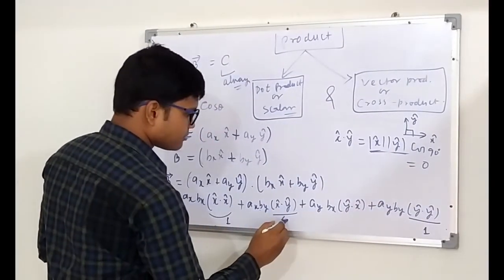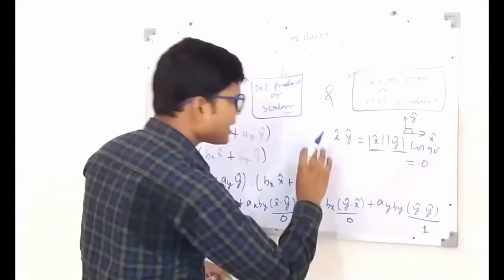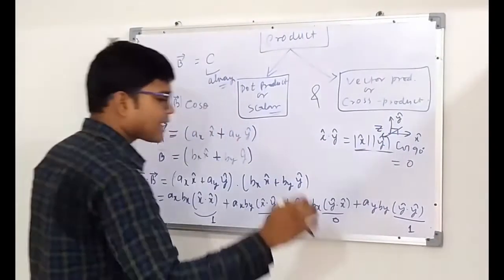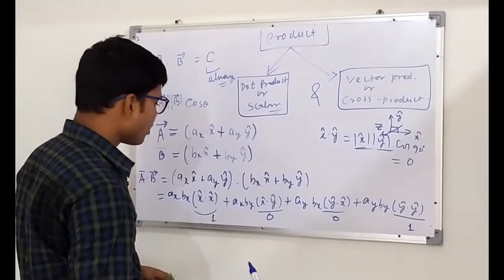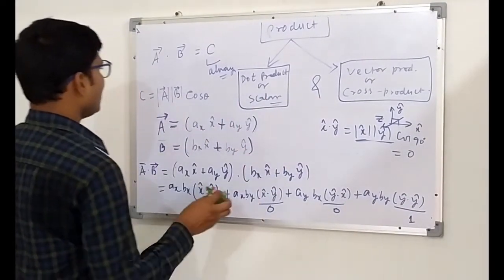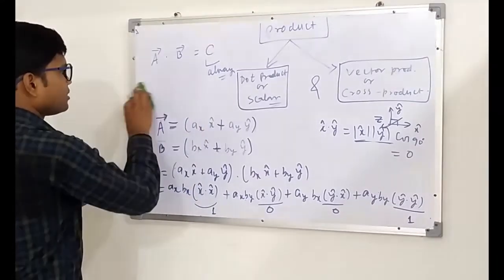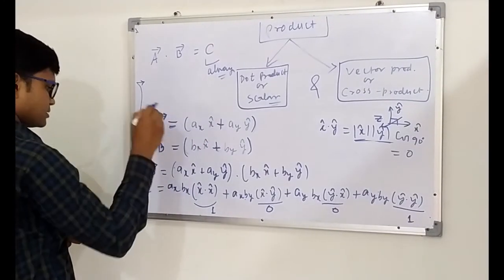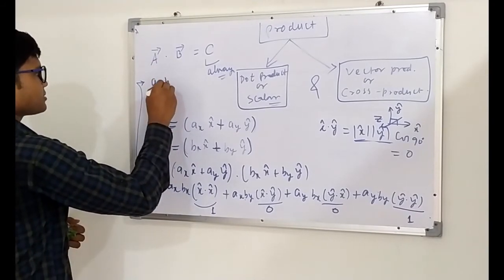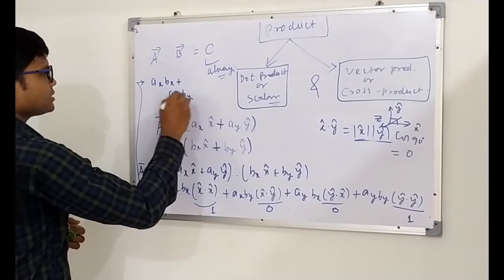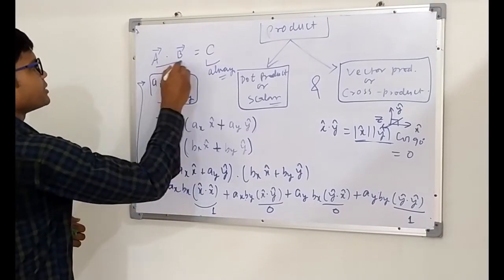So this guy will be 0, this guy will be 0, or maybe anything, let's take z. So x hat dot z hat will also give you 0. Therefore I can write this as ax bx plus ay by. This is the resultant of A dot B.